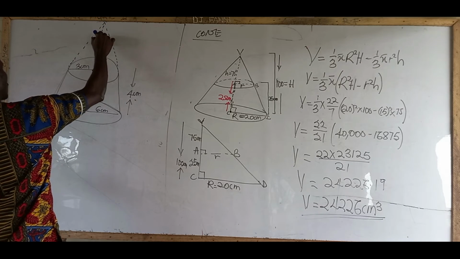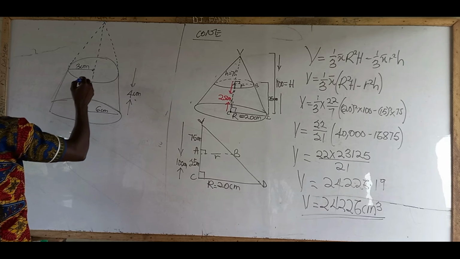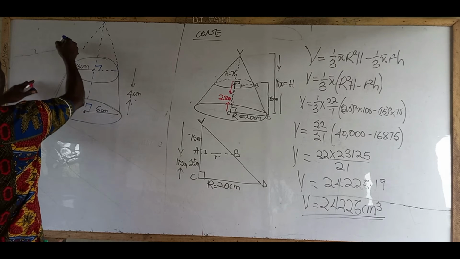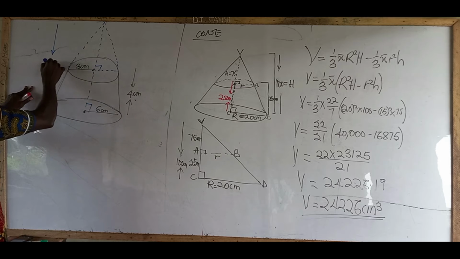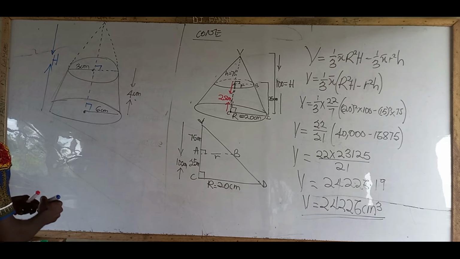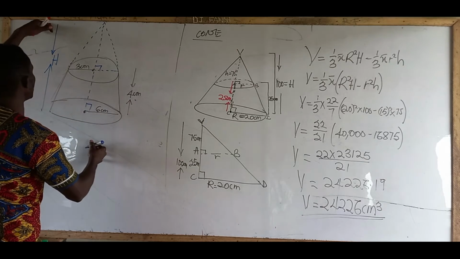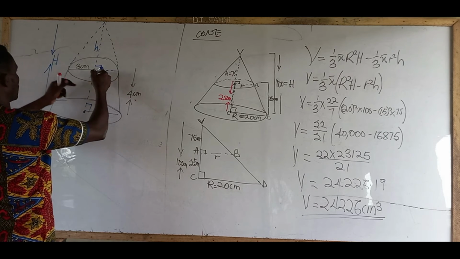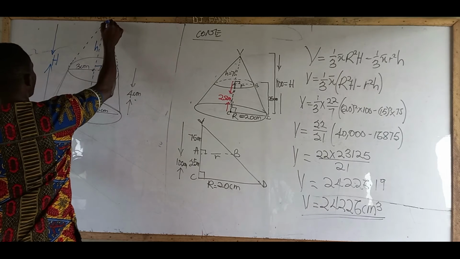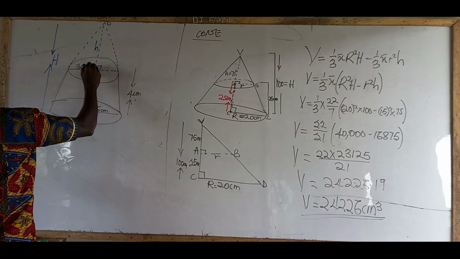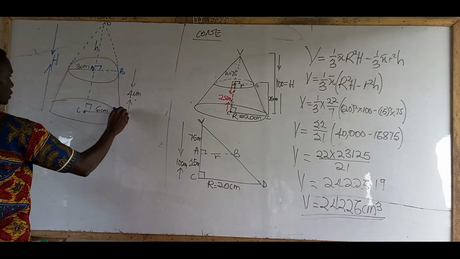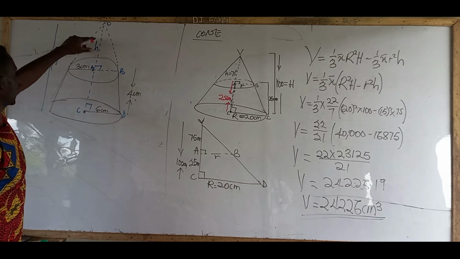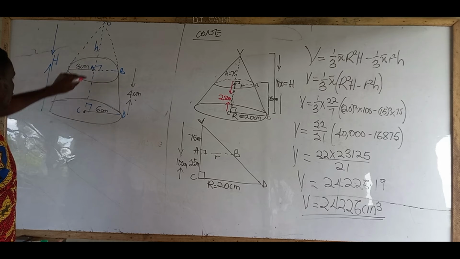This one will have a height; let the whole height be capital H. If this one is small h, from the top here, let's make it O, A, B, C, D. You see that triangle OAB has a height, and from C to A is 4 centimeters.